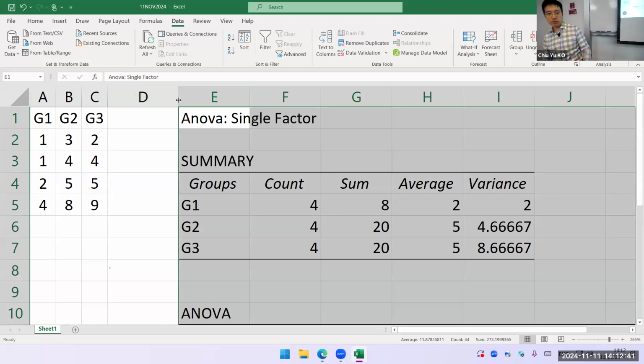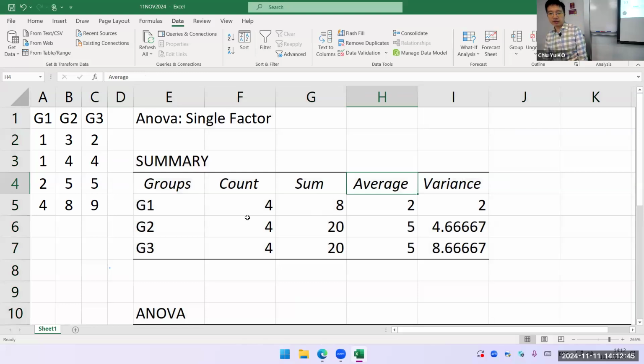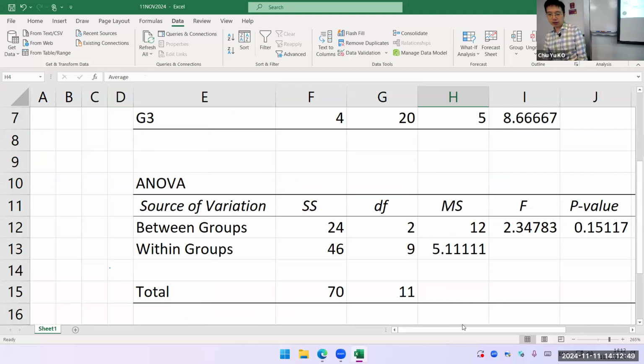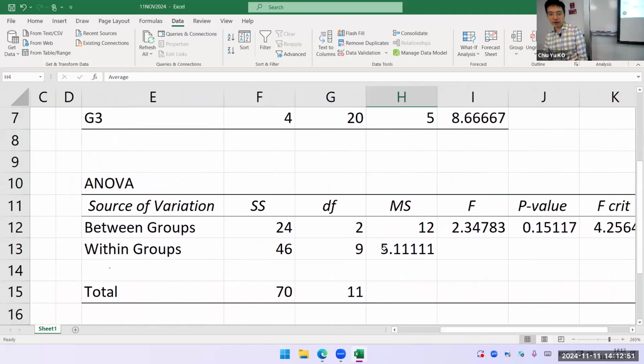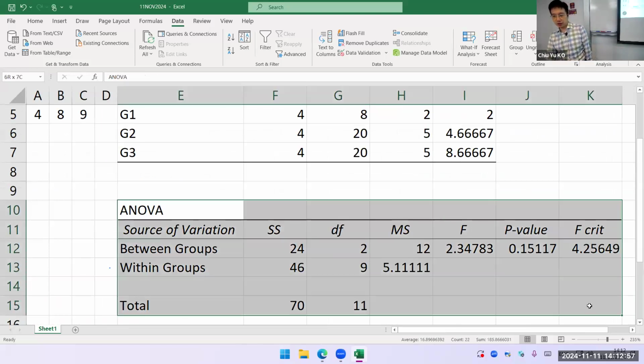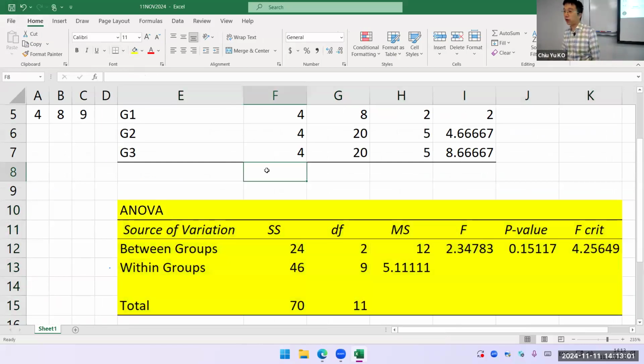Now, here's done. So this is the sum of SST, this is all the data. But the main thing is here. Let me get it smaller. So here's the one that I expect you to know very well, because if you look at the past exams, this is where I ask. You can see this SSW.